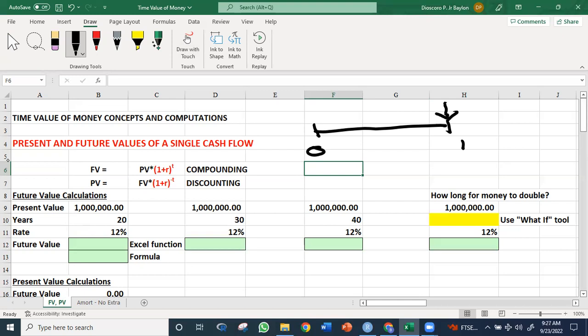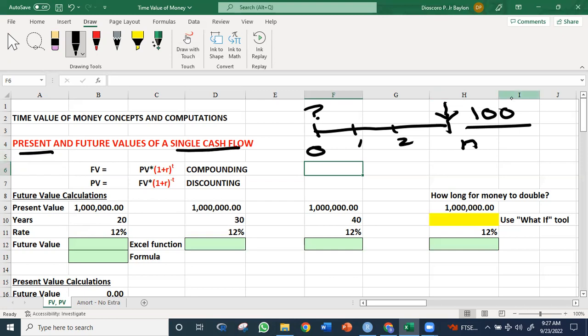It might be on year 1, year 2, year N. So you have this single cash flow, say 100,000, and you'd like to get the present value of that. How much is the equivalent of 100,000 after N years? How much is it equivalent now? That's what we mean by getting the present value of a single cash flow.